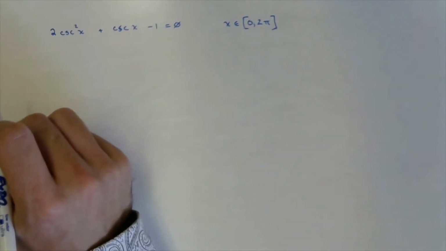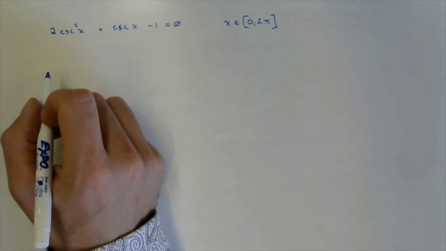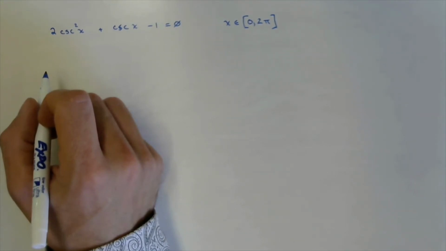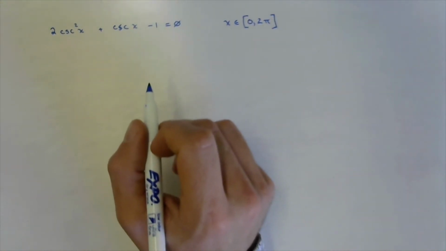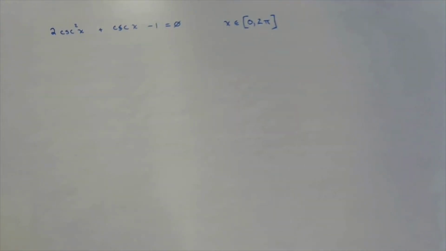And to factor this, I guess you just use sum and product. I'm just looking at how they did it, and I'm not seeing how they did it really. Plus 1, and then cos x subtract 1.